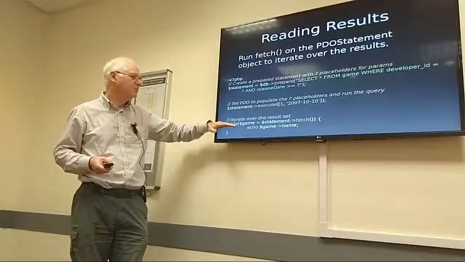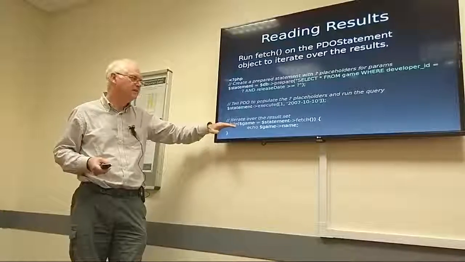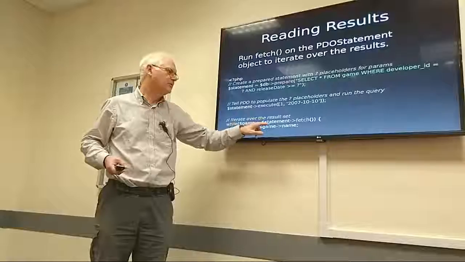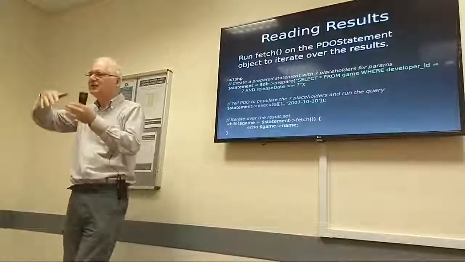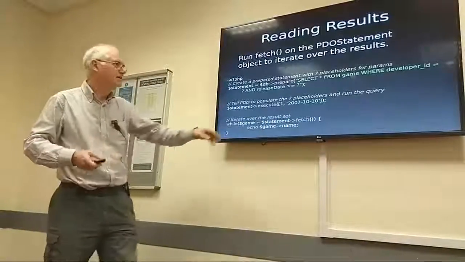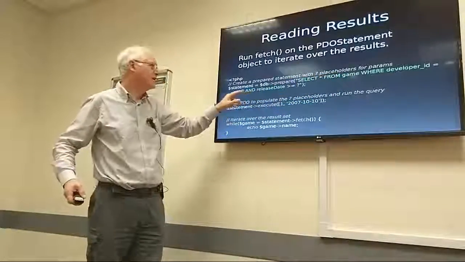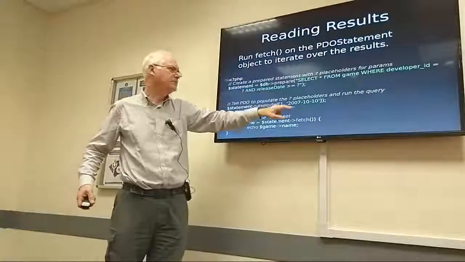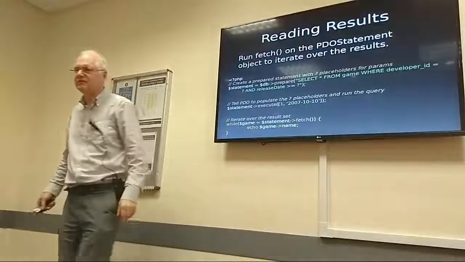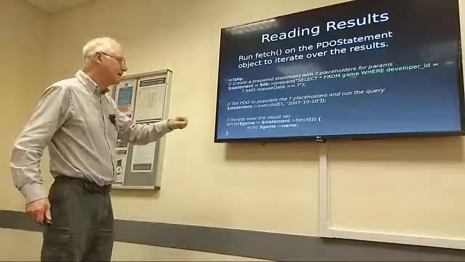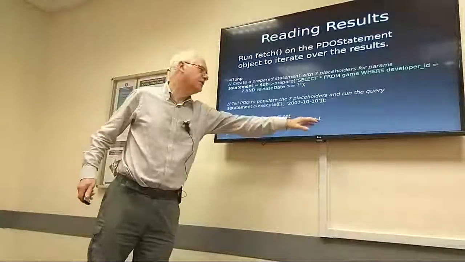So that's why we've got the while statement, so that while we're getting a result, $game is the result that's coming from the next fetch. So it's found a number of games which match having the developer ID 1 and the release date greater or equal to 10th of October 2007. Okay. So what's it going to do with that?